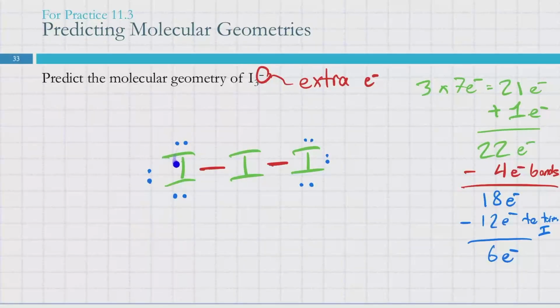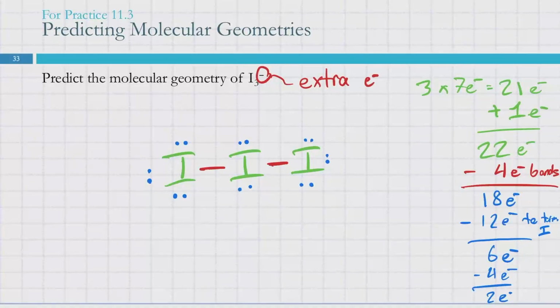So our terminal iodines on the outside have 2, 4, 6, 8 electrons. They have their full octets. These iodines are happy. Our iodine in the middle does not have a full octet, and we have 6 electrons to place. So we could definitely put 2 lone pairs there, but we still have 2 electrons left.